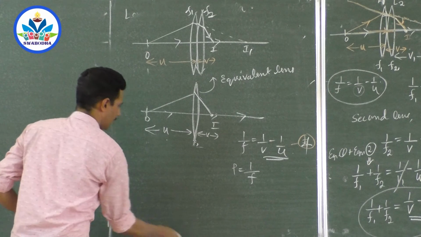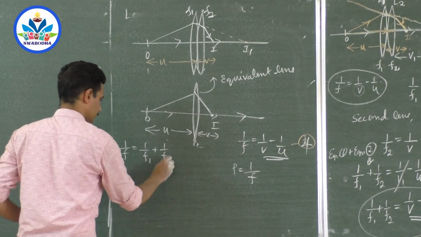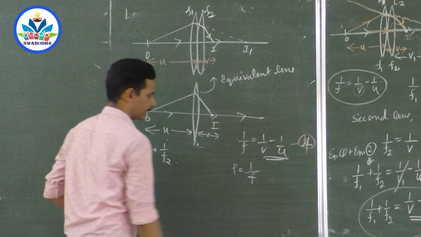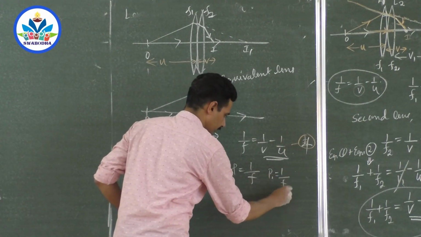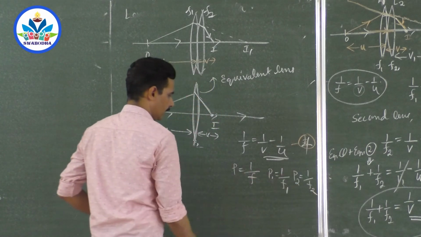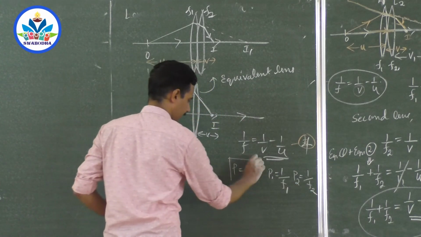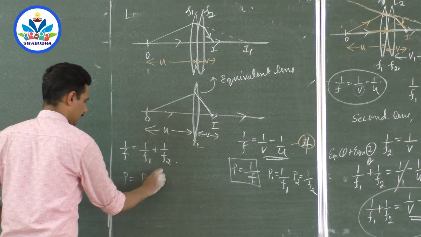So finally we got this formula, 1 by f is equal to 1 by f1 plus 1 by f2. What is the power of the first lens? It is the reciprocal of its focal length. What is the power of the second lens? It is the reciprocal of its focal length. What is the power of the equivalent lens? It is the reciprocal of its focal length. So shall I write this as power is equal to power 1 plus power 2.